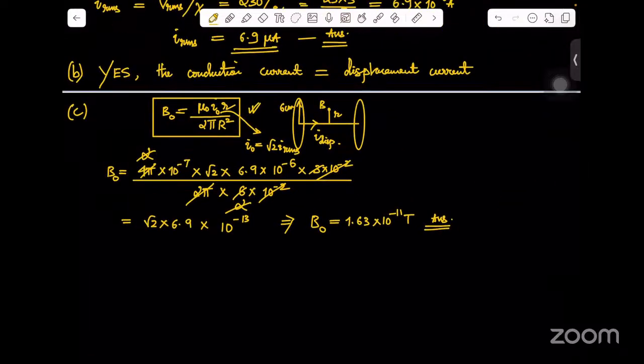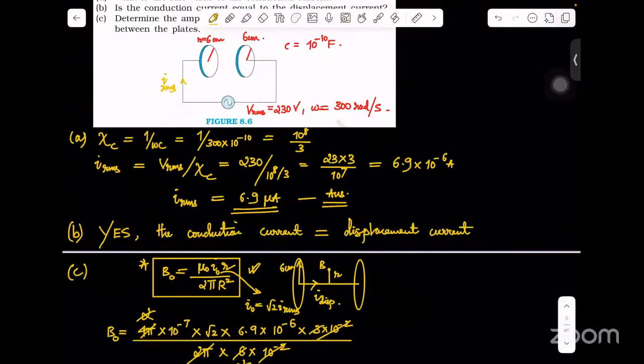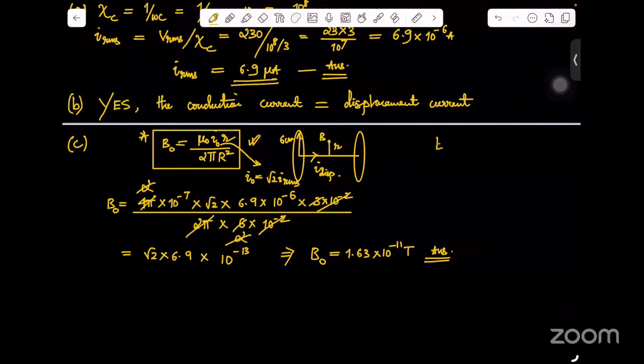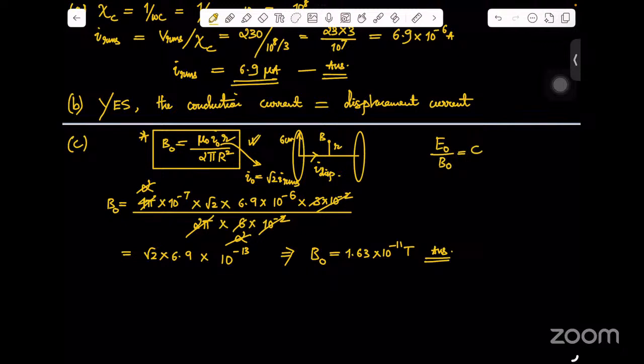You need to remember this formula for this question, which is the amplitude of the magnetic field. And if they tell you to find the amplitude of the electric field, then you know this relation, E by B equals C, the speed of light.